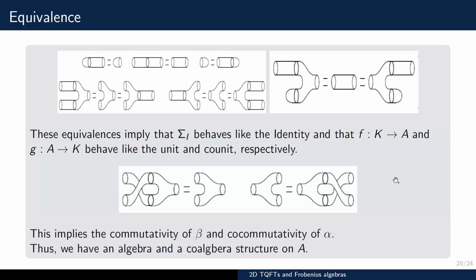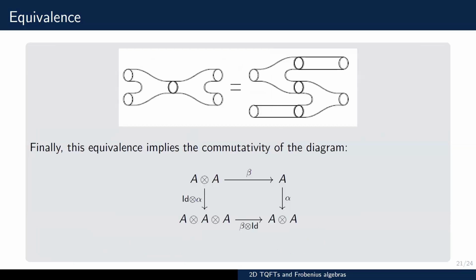Thus, what we have now defined is an algebra and a coalgebra structure on A. As we saw earlier in a theorem, all we need to now see is the commutativity of this diagram, which shows that the co-multiplication and multiplication are compatible with each other, and that is given by this topological equivalence.